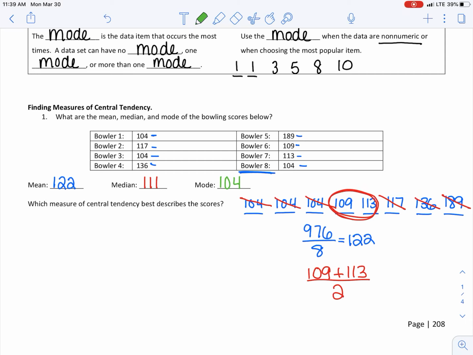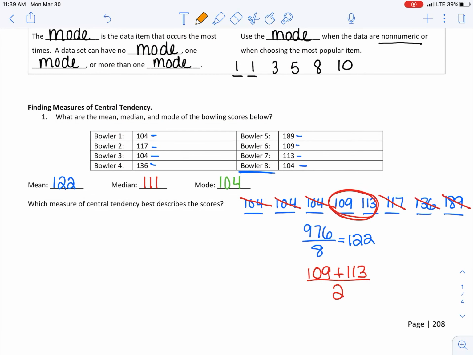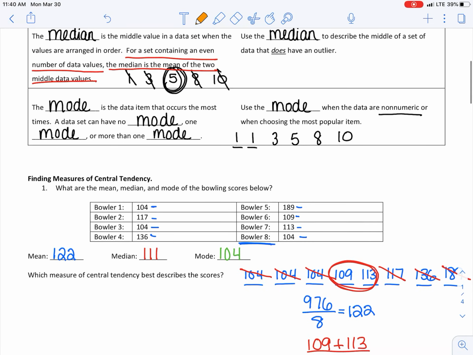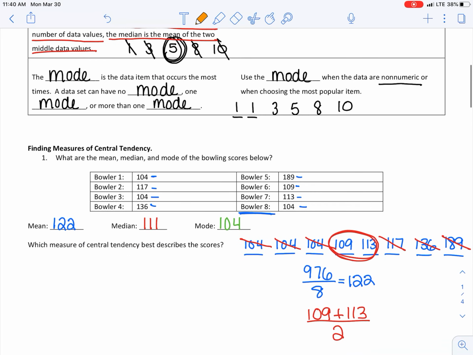And then our final question here is asking us which measure of central tendency best describes the scores. If we look back up here, I told you that we're probably not going to be using mode because these are numeric values. So we need to look between mean and median. The difference between using these is whether or not they have an outlier. So we have to figure out, does it or does it not have an outlier?